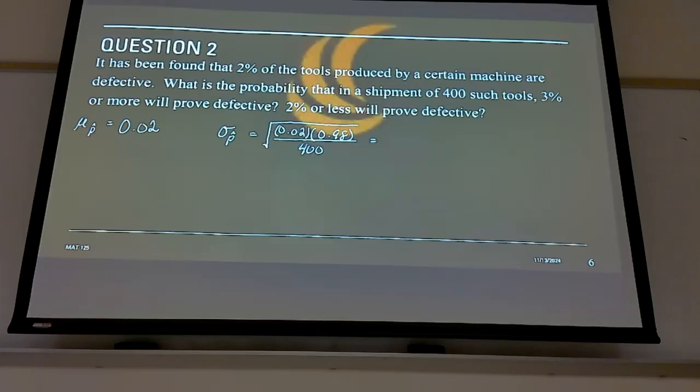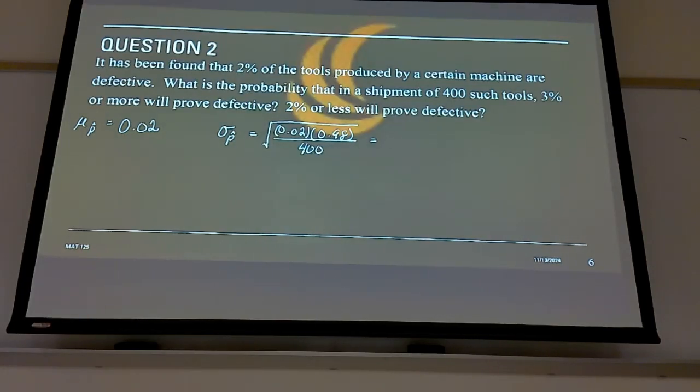How did you get 0.98? 1 minus p. That is 100% minus 2%, because there are only 2 outcomes: it either meets the characteristic or it doesn't. So 100 minus 2 is 98. Okay, makes sense.